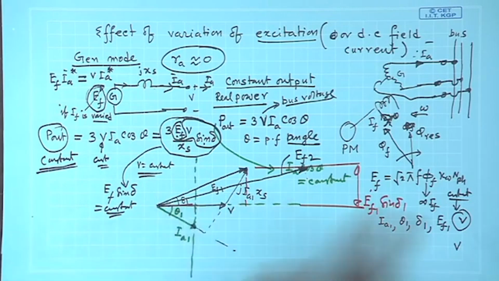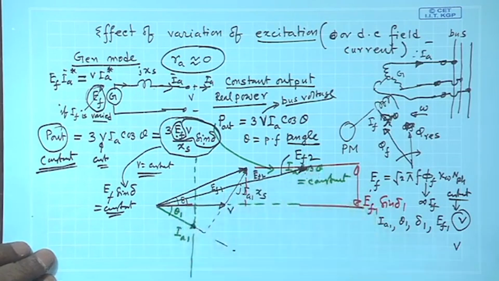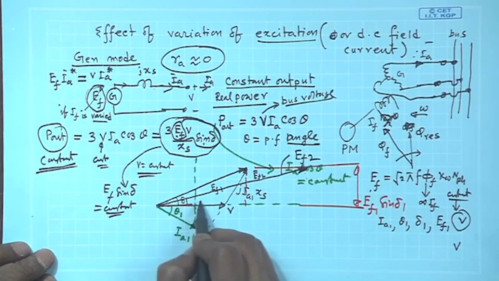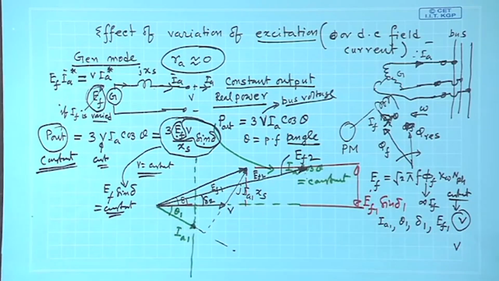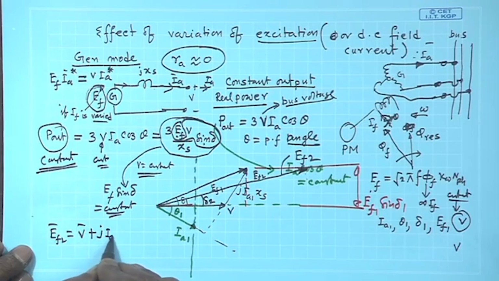So, what you do? You have increased the excitation, so take this to be E f 2, and then I know this is my delta 2, because the angle between V and E f 2 is there, and on the top of this, E f 2 will be equal to V plus j I a 2 x s.